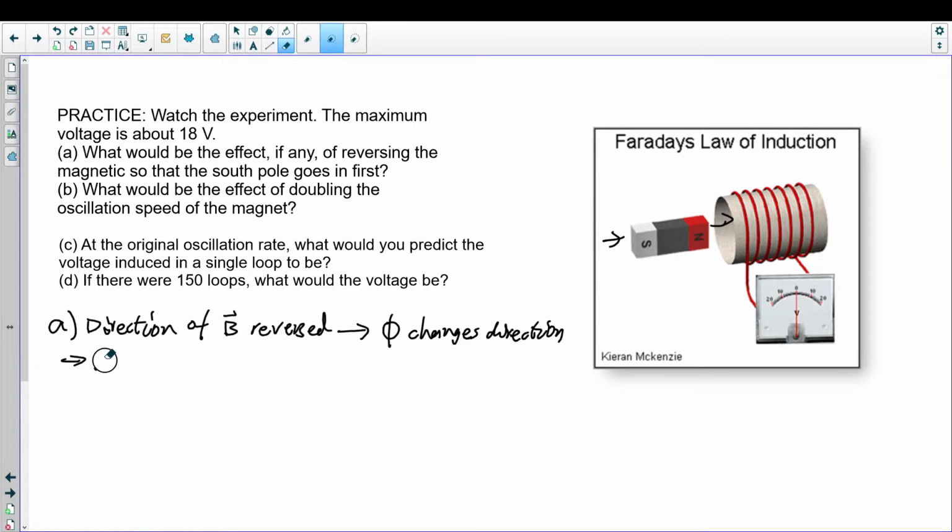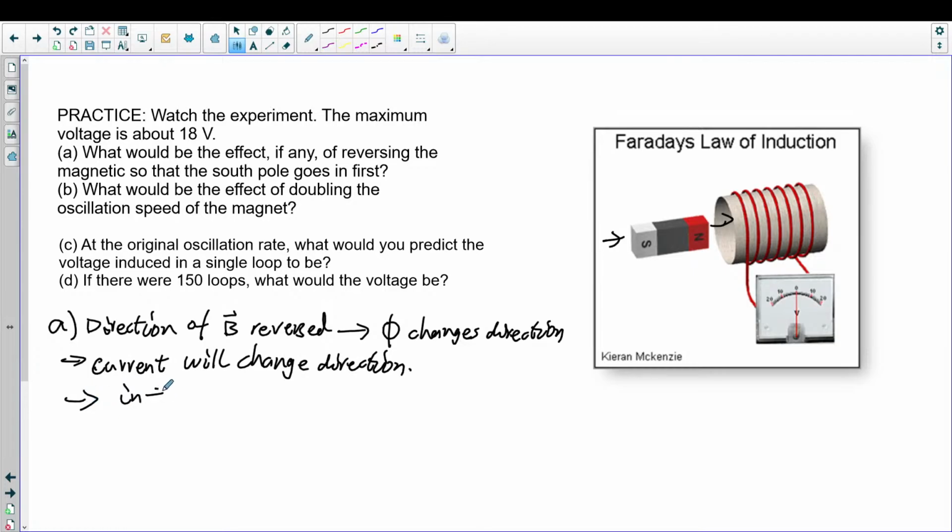According to Faraday's law, the negative sign in front indicates that direction matters. So the current will change direction, which means if the south pole is first, moving in would result, earlier, moving in would deflect right. Now the needle will move left.